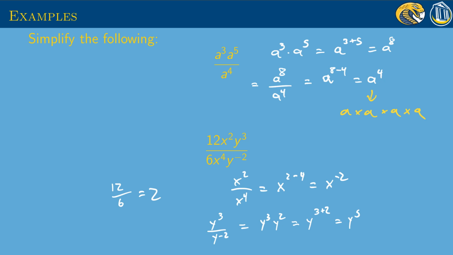Putting this all together, we have 2x to the negative 2 y to the 5th, and if we don't like that negative exponent, we could always use our rules of exponents to put it in the denominator, and we could have 2y to the 5th divided by x squared. Either of these are totally valid. They're both mathematically correct.